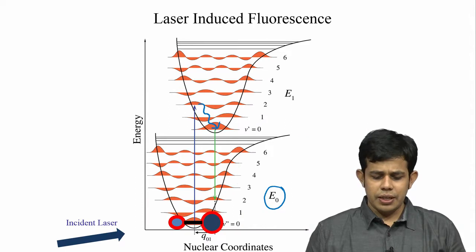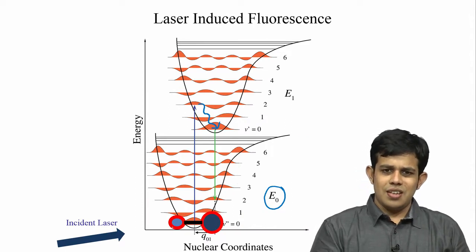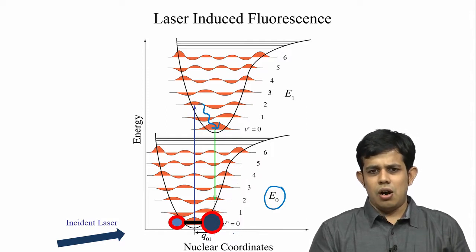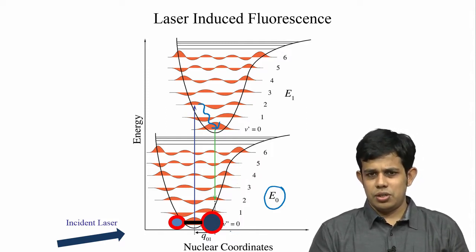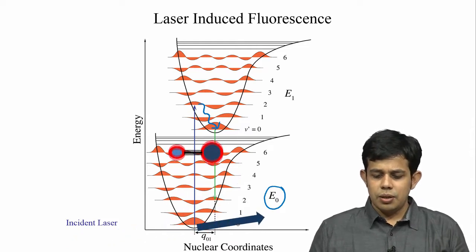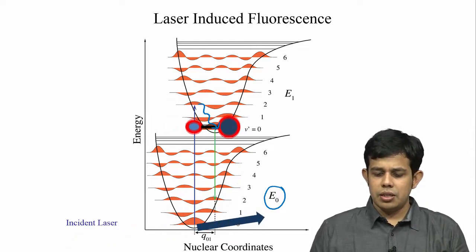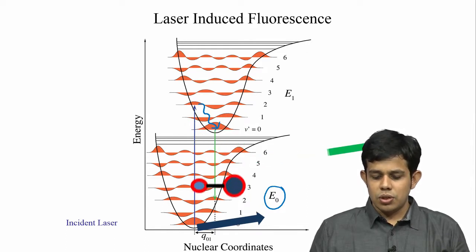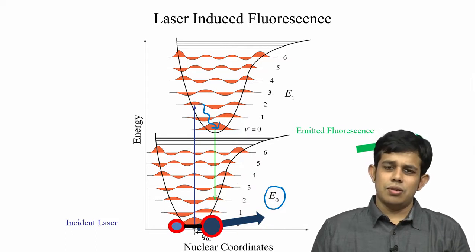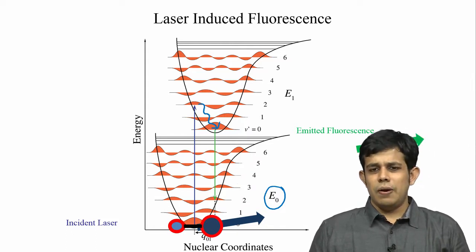I will just repeat once again. This OH is residing at the lowest vibrational state of the lowest electronic state. Okay. Incident laser comes, OH absorbs light, is promoted to a higher electronic state, intersystem crossing, goes down to the lower vibrational state, to the lower electronic state, and while doing that it emits the fluorescence.